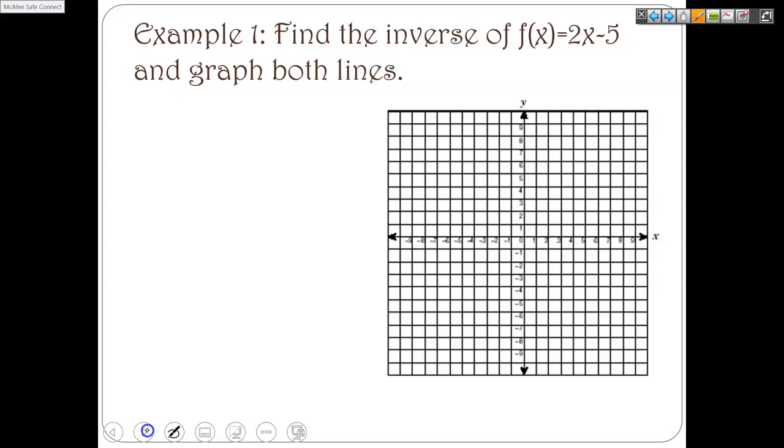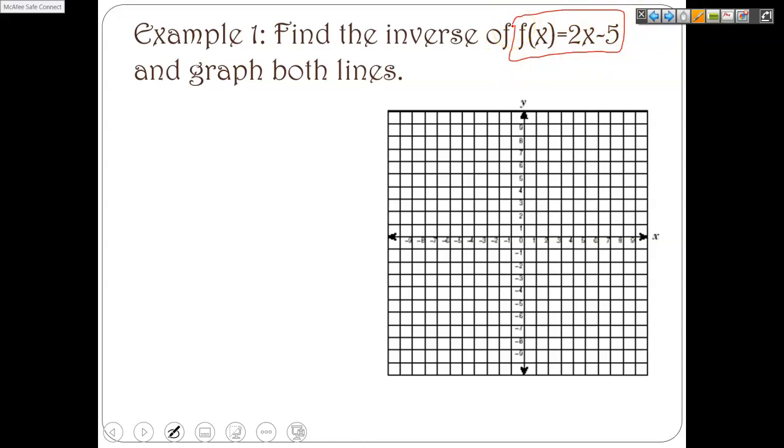So the original function f of x is equal to 2x minus 5. I'm going to do everything for the original function in terms of red.